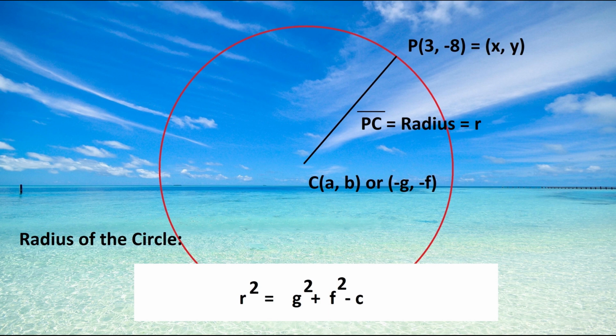This is another formula through which you can find the radius of the circle. If you know the values of g, f and c, which are constants, then you can easily find the radius of the circle. And we will definitely solve these equations using the data and the values of x, y, g, f, c in our next videos.